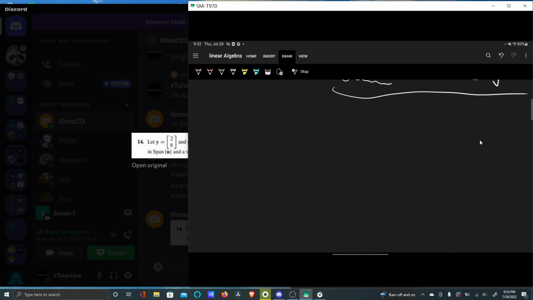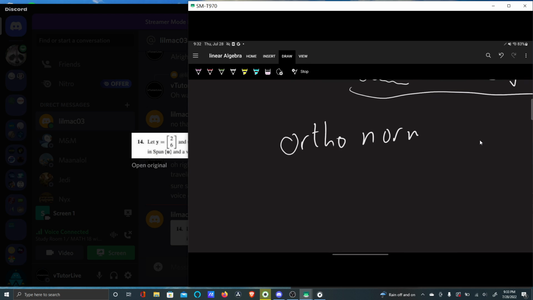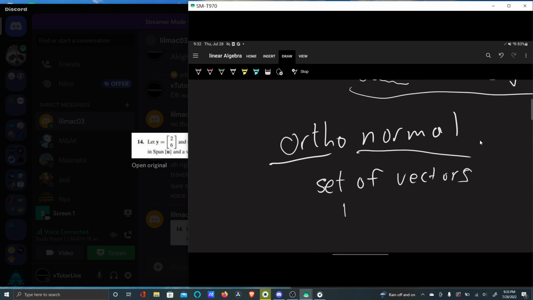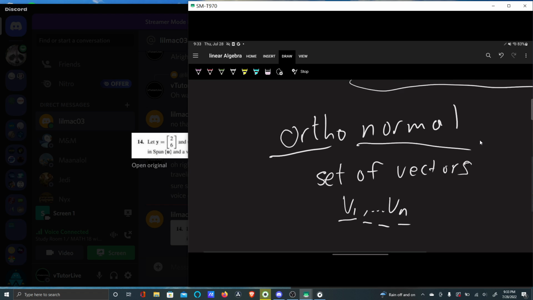Do you know what orthonormal means? Yeah, sure. Orthonormal is about an orthonormal set of vectors, let's say v1 through vn. It means that every one of these vectors is orthogonal to each other, right?